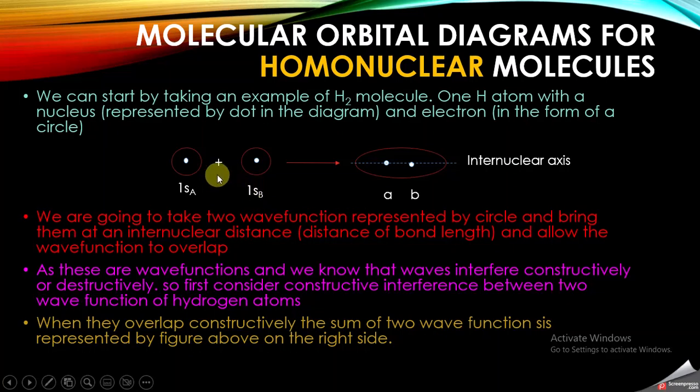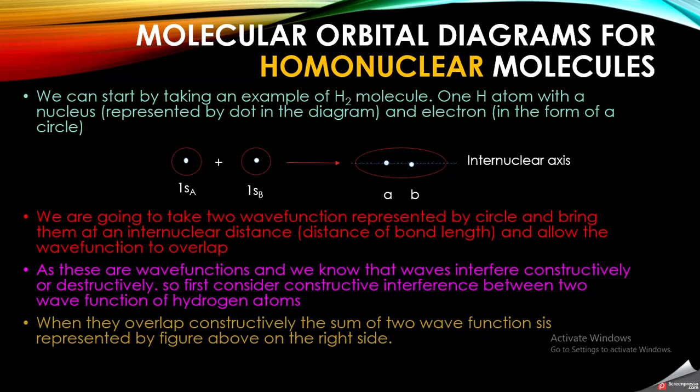Now, if we consider these circles as wave functions, then we already know from the previous concepts that wave functions, like waves, can interfere destructively and constructively if they overlap.